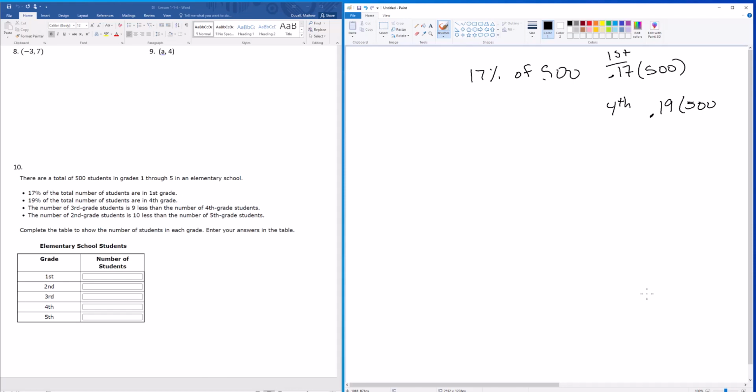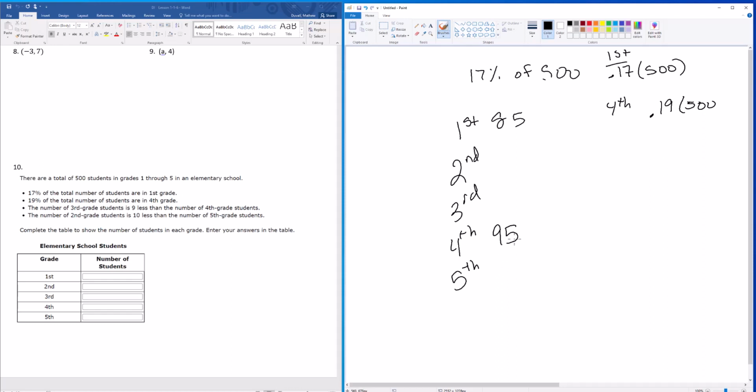So I'm going to get 85 for first graders, and then it's 95 for fourth graders.